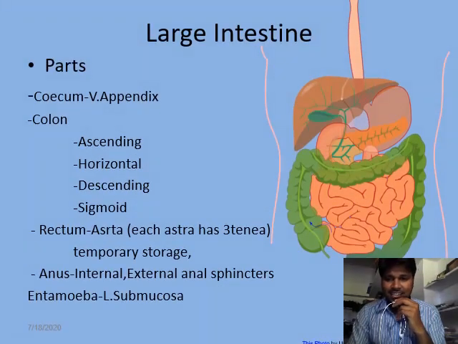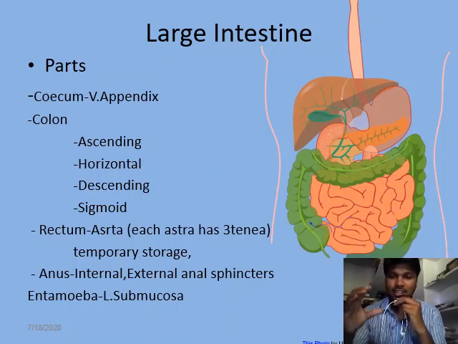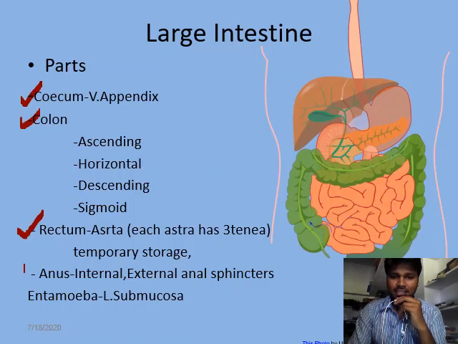The large intestine is shorter than the small intestine, but it is larger in size. You can see here there are 4 parts in the large intestine. They are cecum, colon, rectum, and anus. These are the 4 parts.